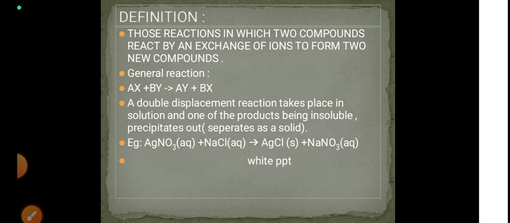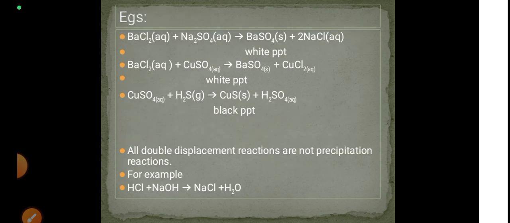It is not mandatory, students, that all double displacement reactions will give rise to precipitation, but a double displacement reaction can also give rise to precipitation. So it's not a mandatory condition. Similarly, we have so many other examples wherein the precipitate color varies depending on the starting material.